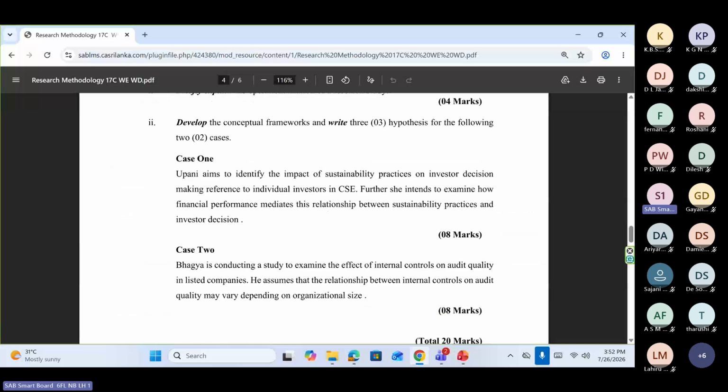Question 2. What does it ask? Develop the conceptual framework and write 3 hypotheses for the 2 cases below. Try to do this one quickly. You can do it. What mediators and moderators are there?